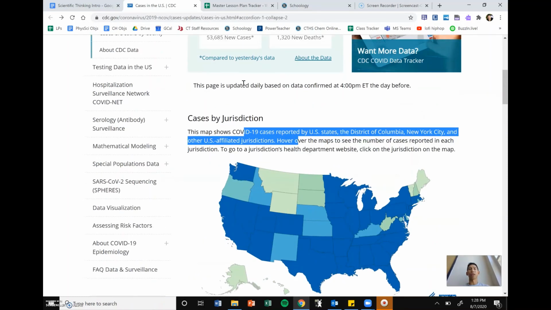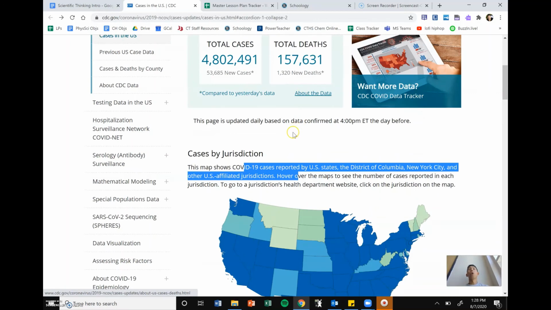Is it trustworthy? Is it reliable? Well, they say they collect data from states, hospitals, and other jurisdictions. If we assume that these people are testing correctly and their information is accurate and they are accurately and faithfully reporting it and the CDC is communicating it and not changing the data, it is trustworthy. Some people may say, well, this information is not trustworthy and that's not reliable.